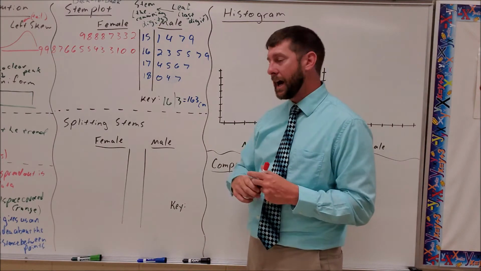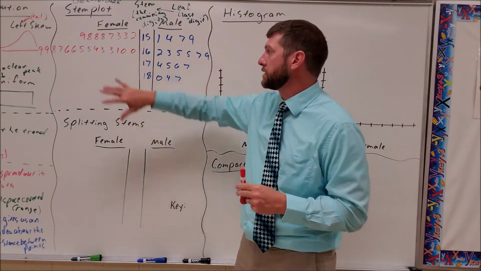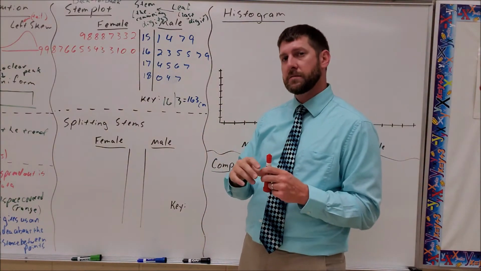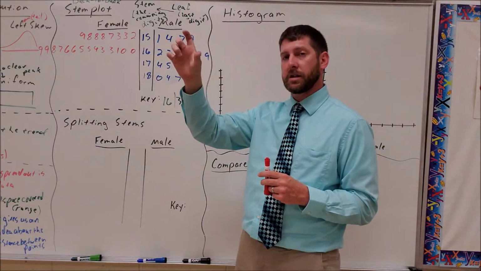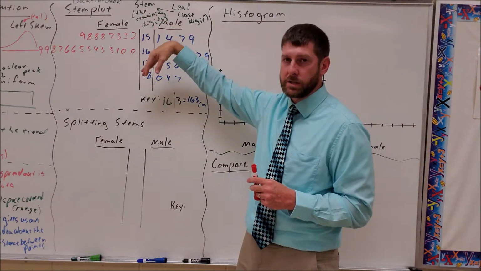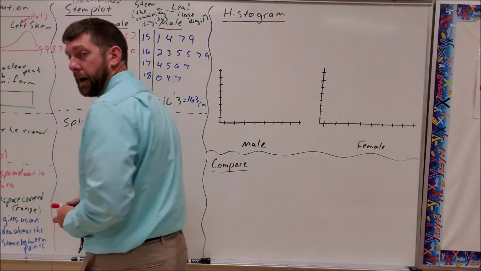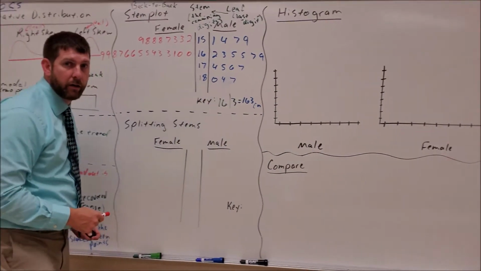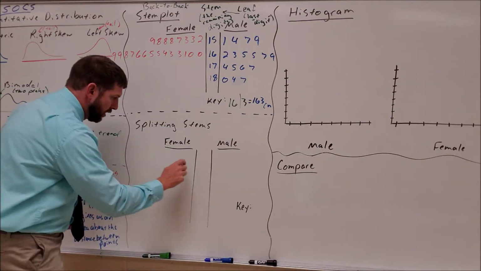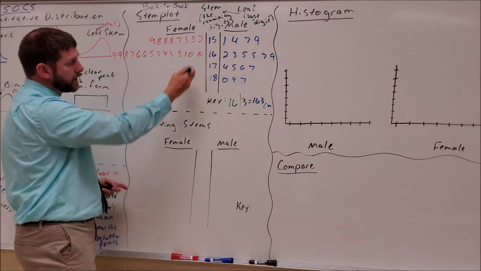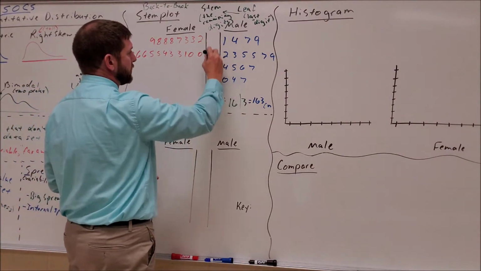So in this case, let's unpack this a little bit. We're going to split our stems and use each increment of 10, the 150s, the 160s, the 170s, twice. I don't know why I didn't have my stems in green.